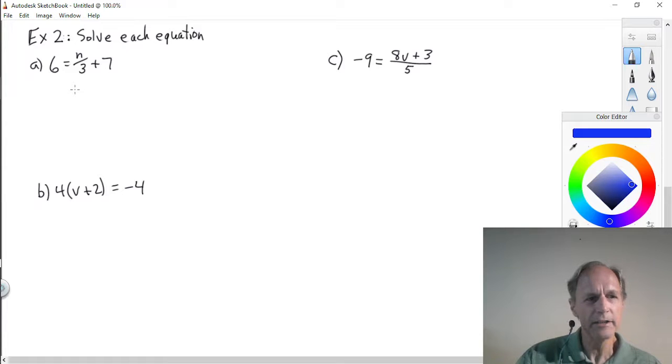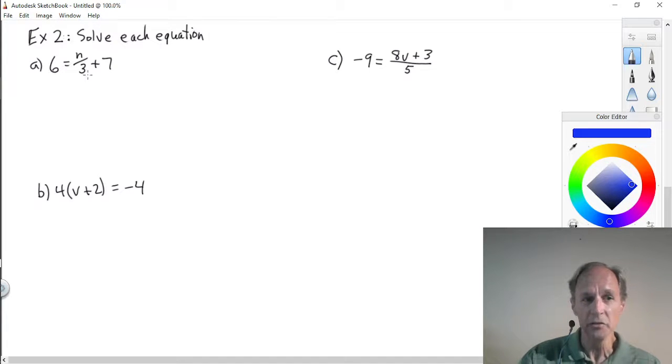What's the step we need to do to this one? This is going to take more steps, right? We have to get rid of the 7 and the 3. So which one do we get rid of first? Okay, well, to get rid of the 3, you have to multiply both sides by 3.